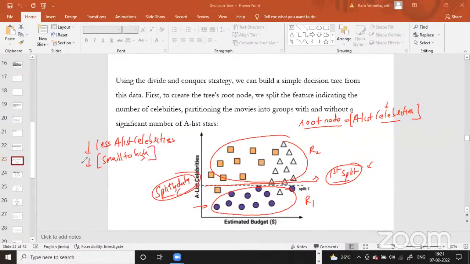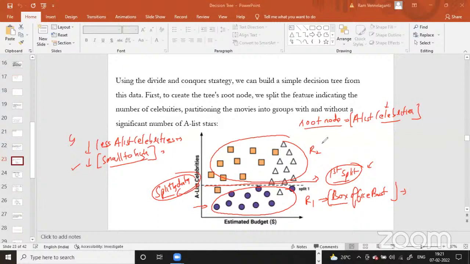If your movie budget ranges from small to high, and there is no star power in the movie, then your movie is going to become a box office bust. Your movie is going to become a flop based on very few celebrities and budgets ranging from small to high. So this is how you can classify your observation into one of the categories.